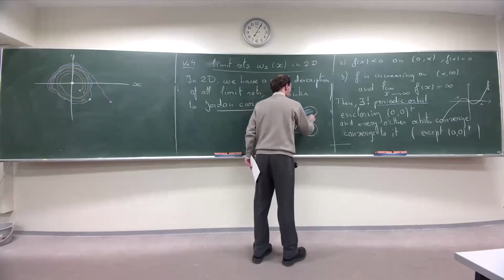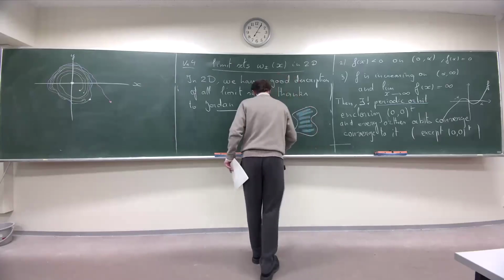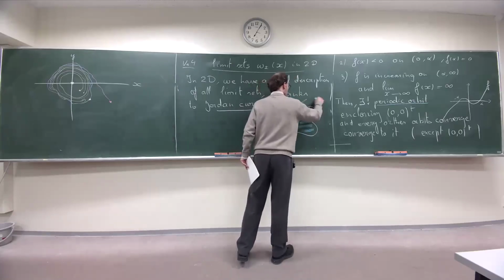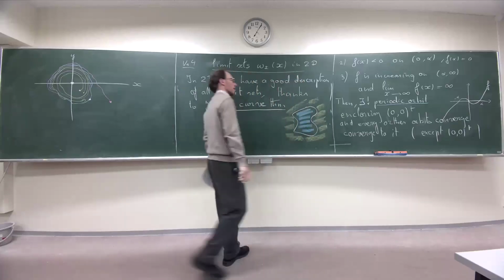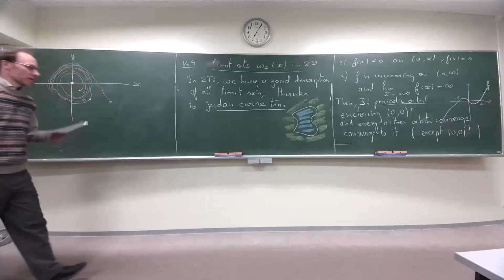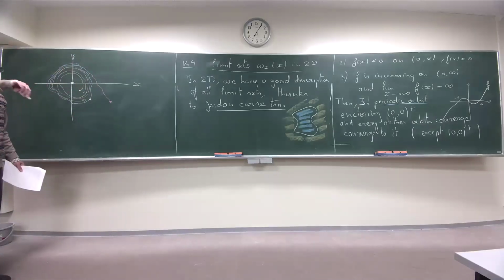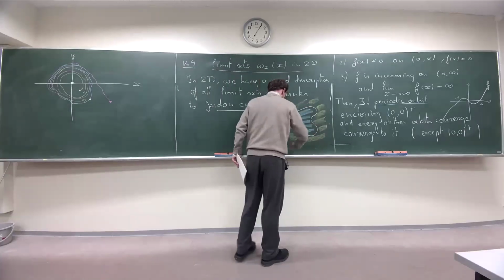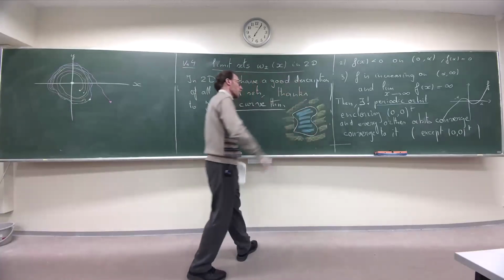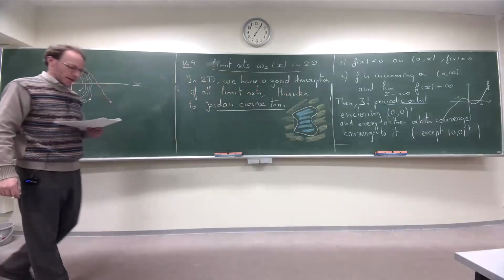You have the interior part, and you have a big exterior, and there is nothing else. The Jordan curve theorem tells you any closed non-intersecting curve divides the plane into two regions, one which is bounded by the curve and the other one with points going to infinity.